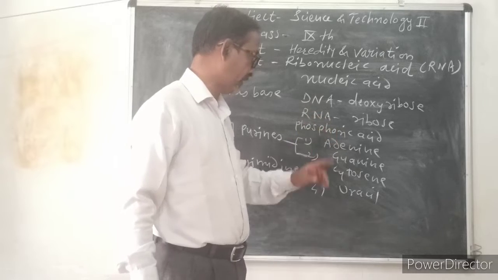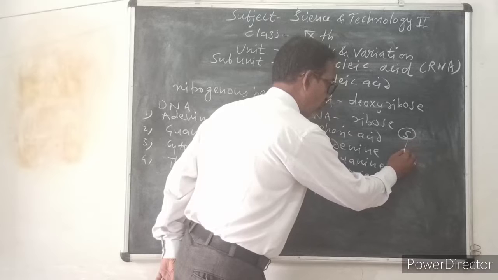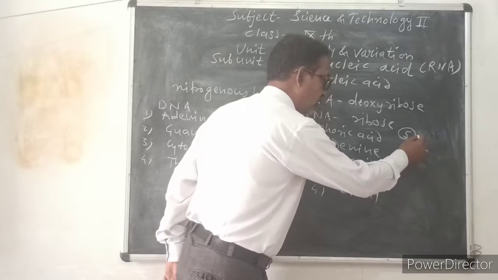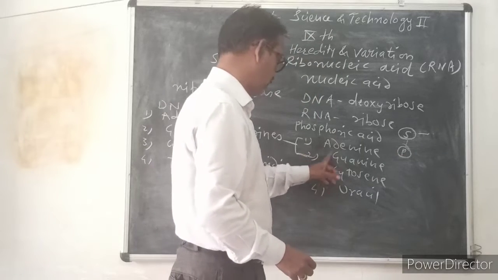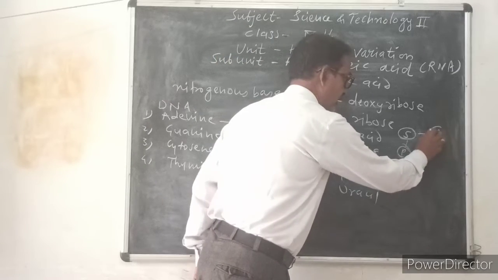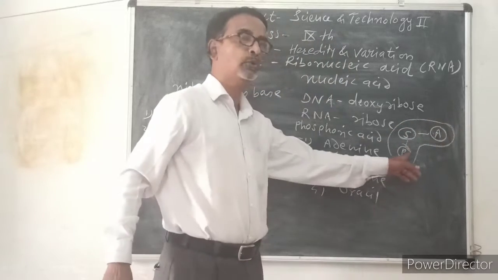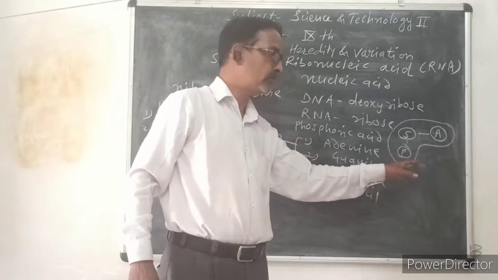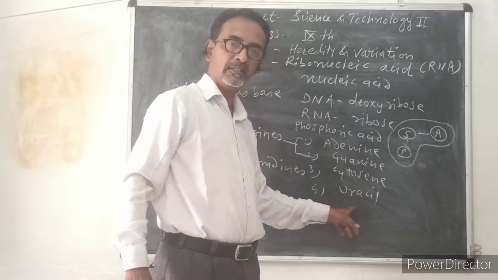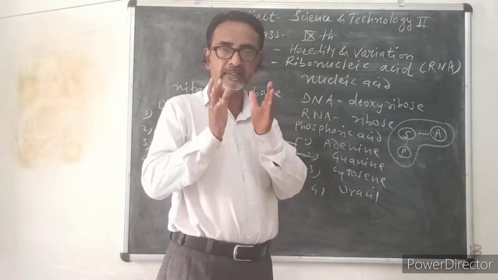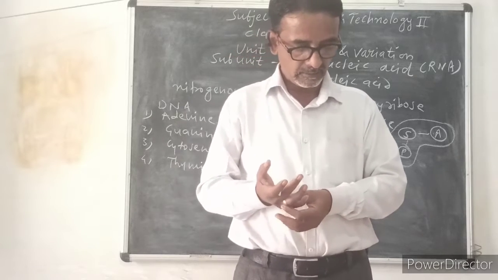For example, in RNA, one sugar molecule, one phosphoric acid molecule, and one of the nitrogenous bases, say A, adenine, are combinedly called one nucleotide. So here also there are four types of nucleotides because there are four types of nitrogenous bases. So that is the basic information of RNA.